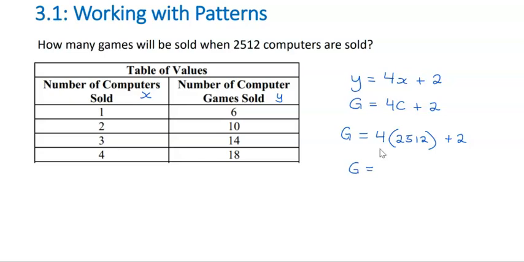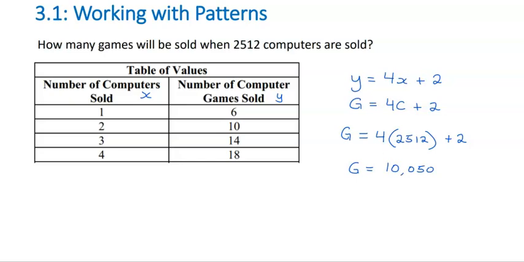The games is equal to 10,050. So what this says to us is we can use the pattern and make an equation and solve the equation without having to draw, without having to create a huge table. We know that if this company sells 2,512 computers, they are likely, based on the pattern, to sell 10,050 computer games.